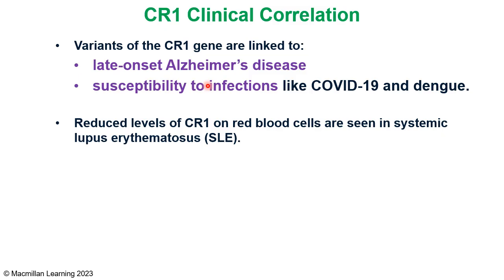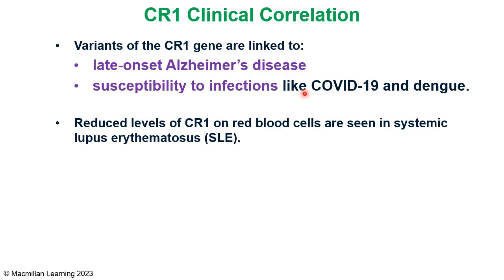Not only do you have susceptibility to bacterial infection, but you also become more susceptible to viral infections, including COVID-19, as we saw during the pandemic. We saw certain people who were more susceptible to developing COVID in comparison to other people who were exposed but didn't develop severe COVID symptoms. That could also have to do with variation of CR1 gene expression.